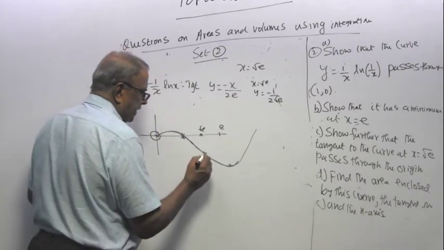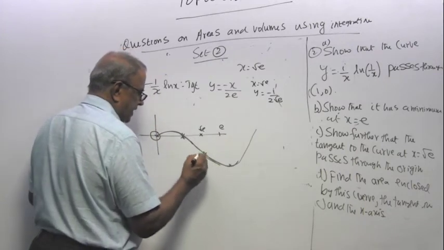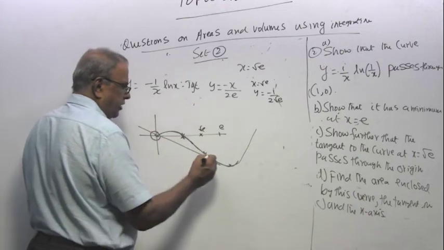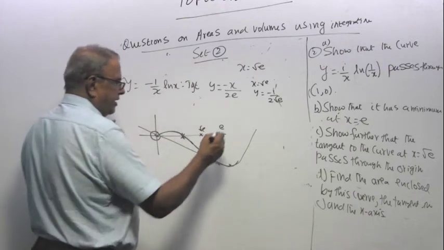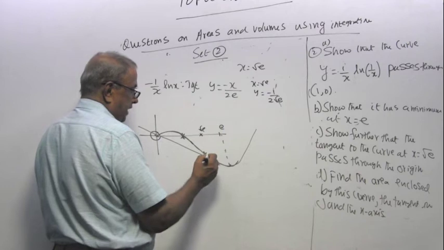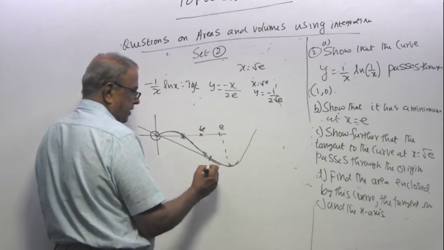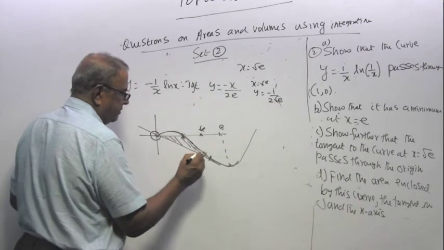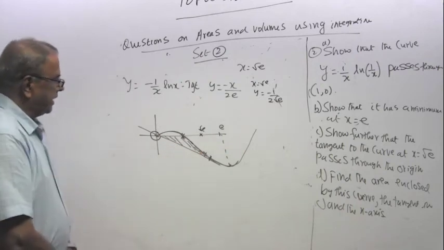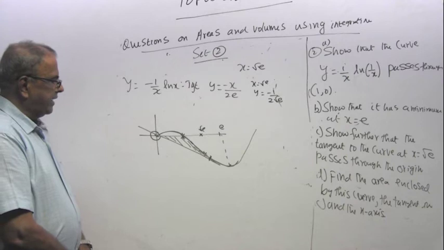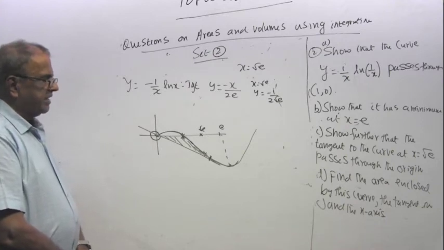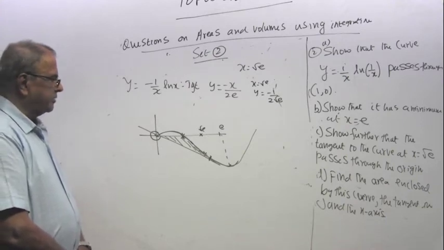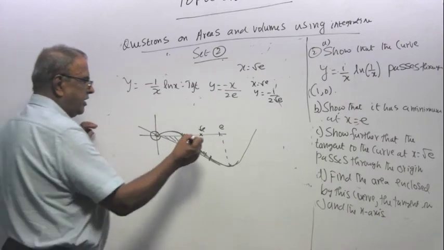So I've drawn the tangent here. That tangent there passes through the origin. That's the minimum point. So that tangent passes through the origin, and I have to find that particular area. Area between the curve and the tangent and the x-axis. How do we do this?